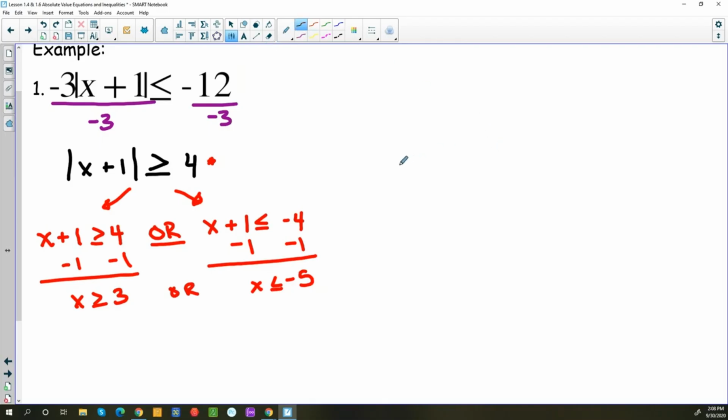So what does this look like on a number line? So we have equal to's, which means we're going to have closed circles. We want greater than or equal to 3, or less than or equal to -5. Okay. So I'm not going to require you to graph every time, but the graph will help you set up your interval notation. So I am looking for interval notation for this.